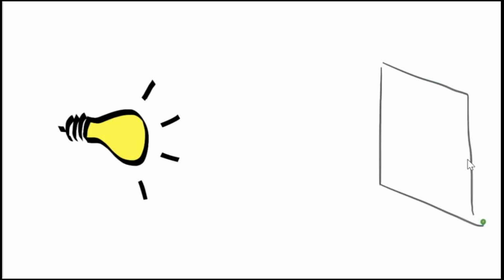Consider you have a light source, and I have placed a screen here. If there was no obstacle, what happens? The light will illuminate the screen. It will fall at all points on the screen. So the screen will be illuminated by this yellow light.